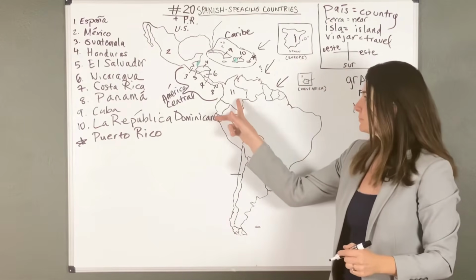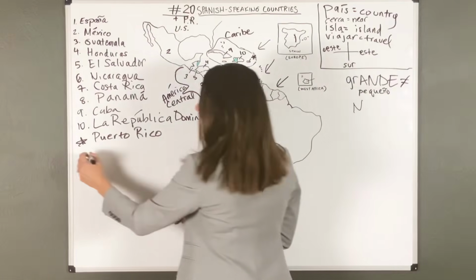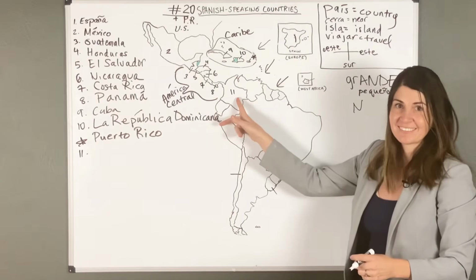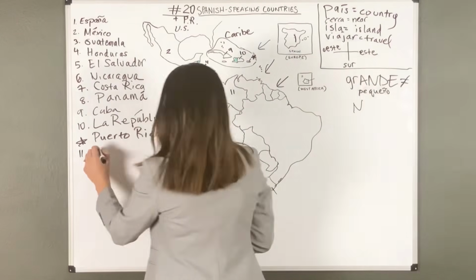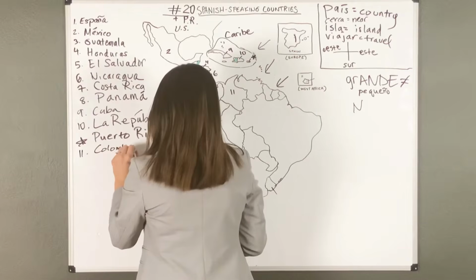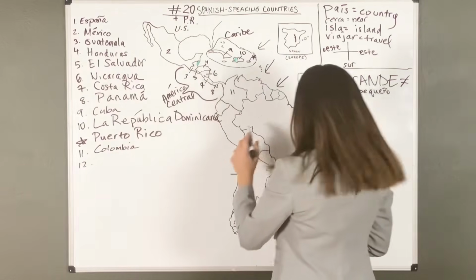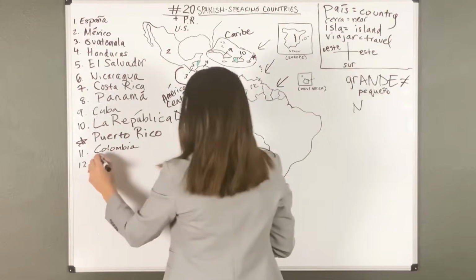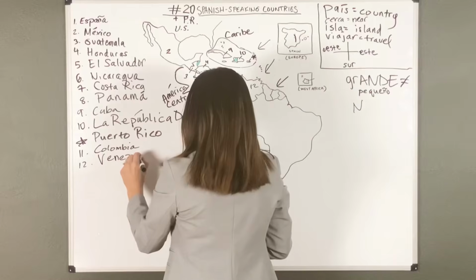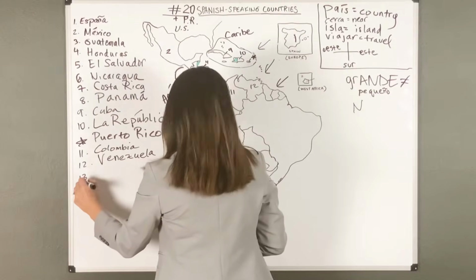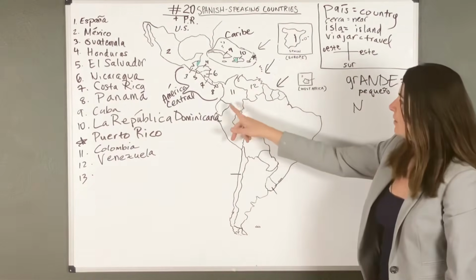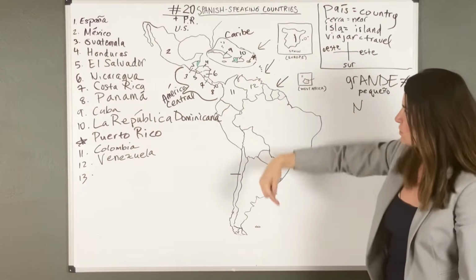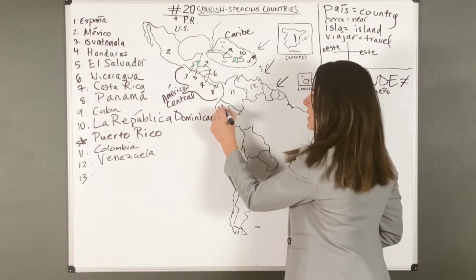11. Shakira es de aquí. Colombia. 12, Venezuela. Ok, ahora vamos al sur de Colombia, al sur, número 13.